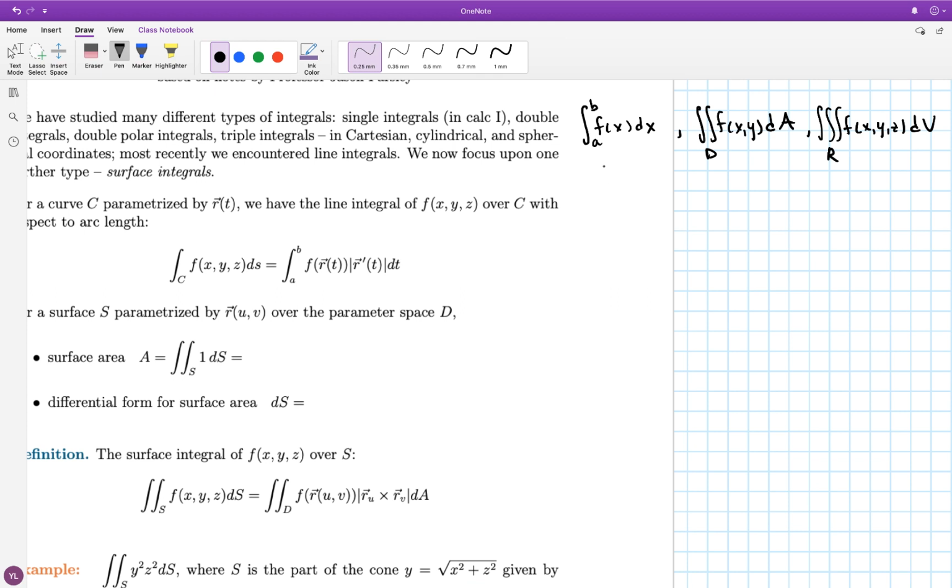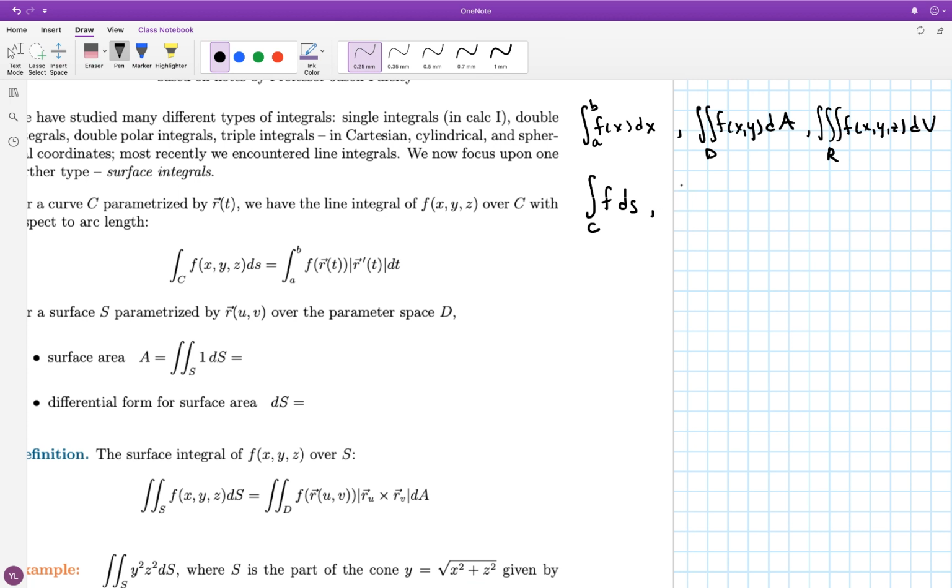Then we moved into chapter 16 and we started seeing line integrals. So we started with a line integral of either a 2 or 3 variable function, depending on if the curve is in 2 dimensions or 3 dimensions, with respect to arc length. As with the triple integrals, it's not entirely apparent what this line integral computes, especially in the 3-dimensional case, but this type of integral supports some computations that involve vector fields later.